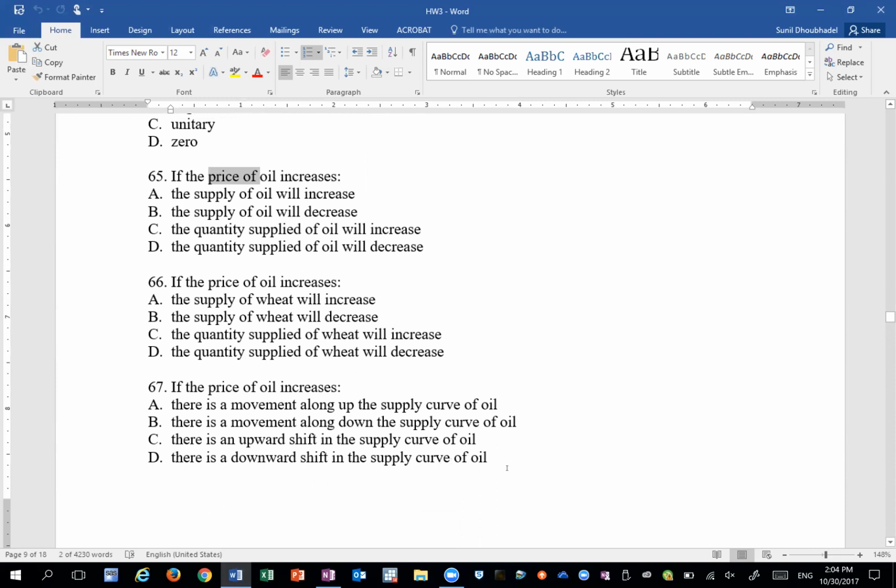As soon as you see the price of oil, and it is talking about oil, it should be movement along the supply curve. Now would it be upward or downward movement? Because the price is increasing, the supplier would like to supply more, so it would be movement up the supply curve.